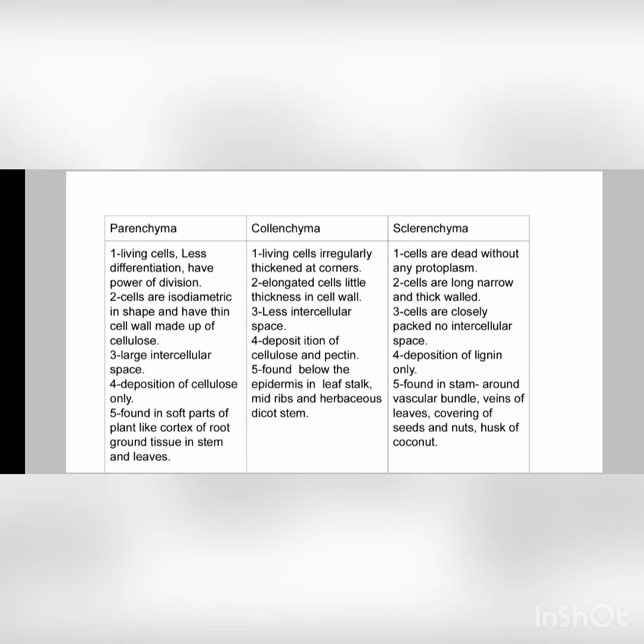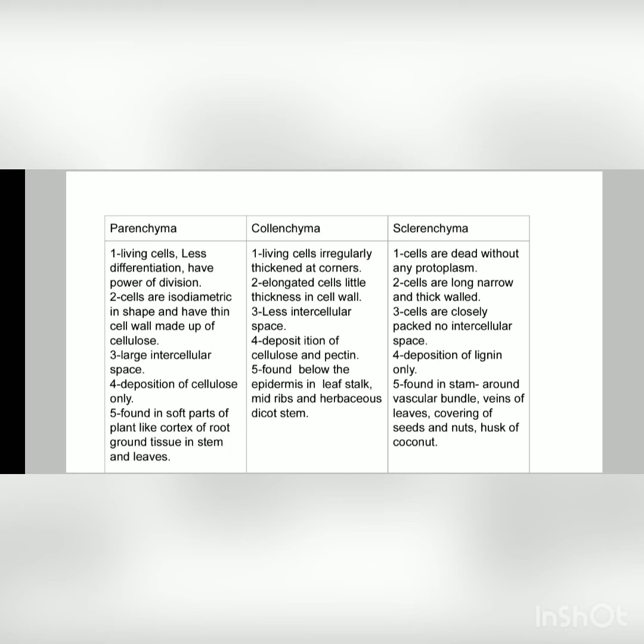Collenchyma tissues are found below the epidermis in the leaf stalk, midribs and herbaceous dicot stem. And herbaceous dicot stem means the plants which are dicot but they are small herbs. Their stems are soft and in them collenchymatous tissues are found.